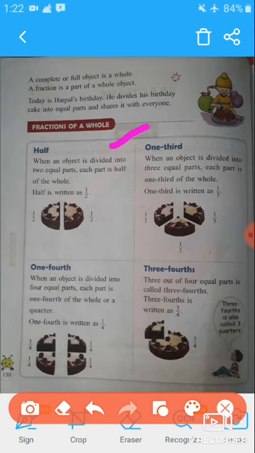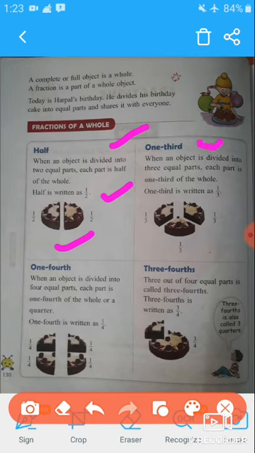So students, when an object is divided into two equal parts, each part is half of the whole and half is written as 1/2. Look here. This is a half of the whole.